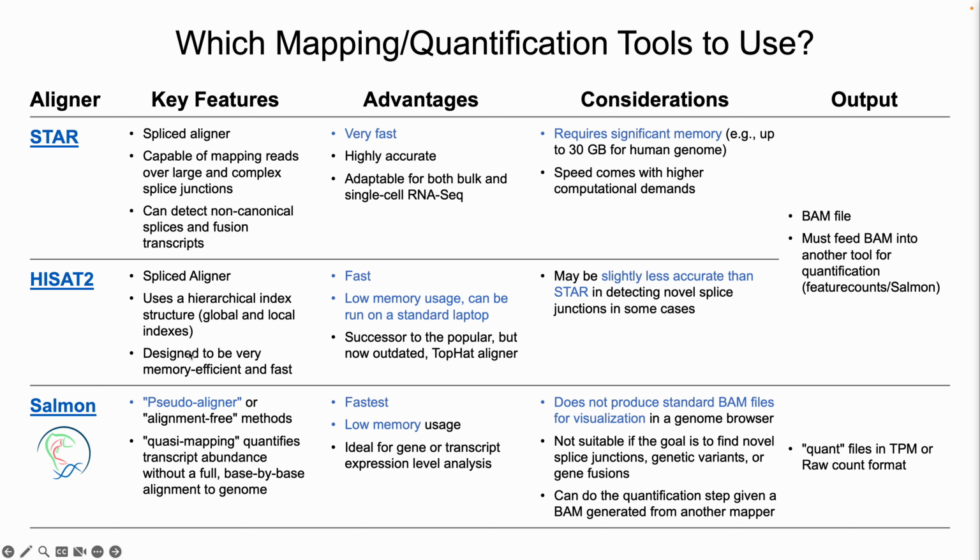Anyway, which mapping tool to use? Right, the practical question of how do I make this run? There are three main ones that get used a lot nowadays: STAR, HiSat, and Salmon. STAR and HiSat are similar.